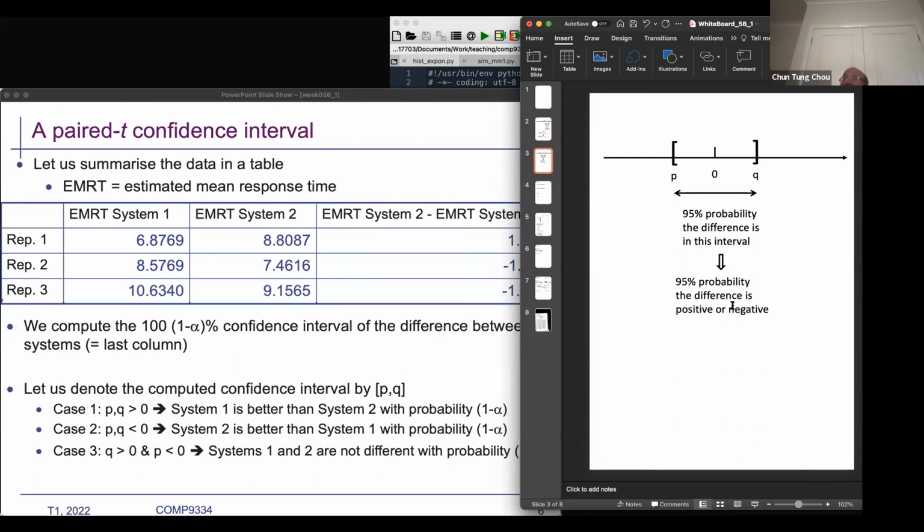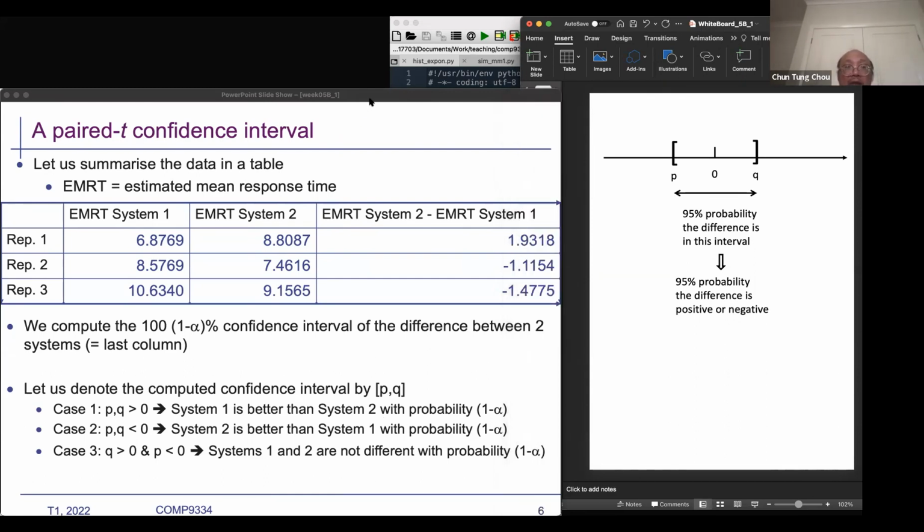So we can't be sure. So it means there's a good probability that system 1 can be better, but there's also a good probability that system 2 can be better. Now, if the confidence interval includes 0, then we say systems 1 and 2 are not different with this probability.